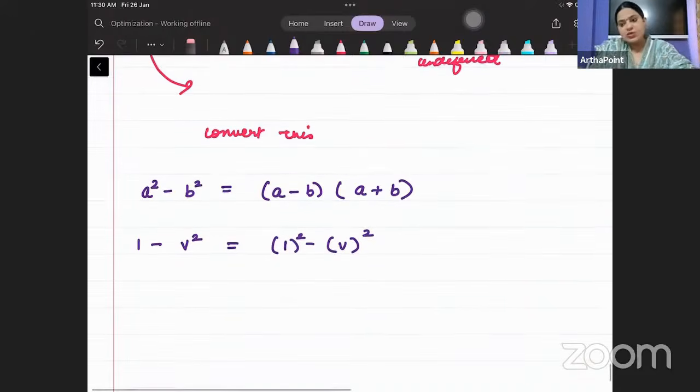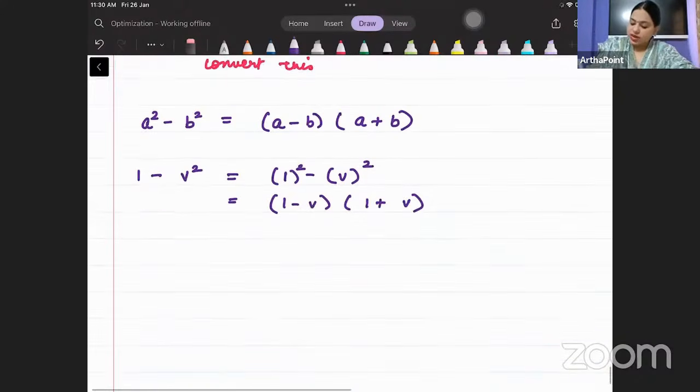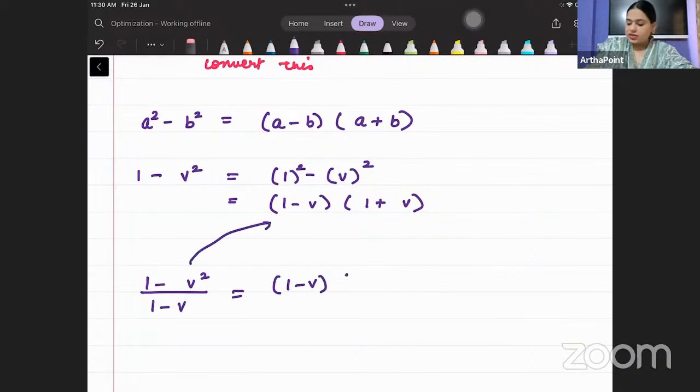So this will be 1 minus V into 1 plus V. So when I do 1 minus V square upon 1 minus V, what will I get? Numerator ko I can write it like this, and denominator will remain like this.